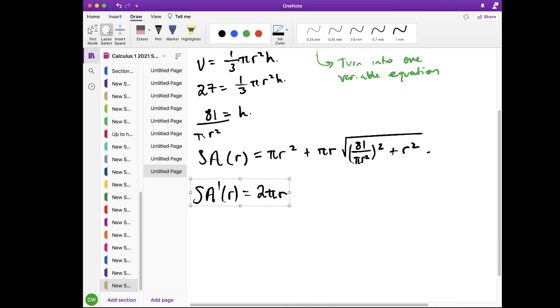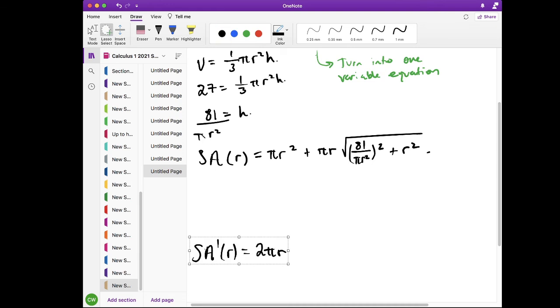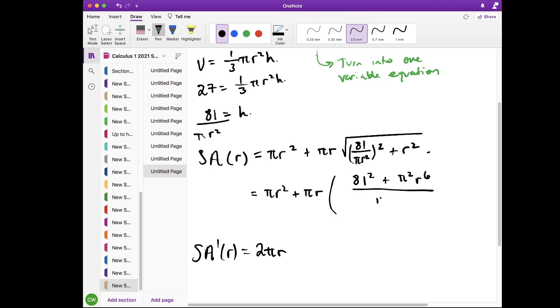And we can simplify this a bit for taking the derivative. It's the square root of (81 squared plus pi squared r to the 6th) over pi squared r to the 4th.